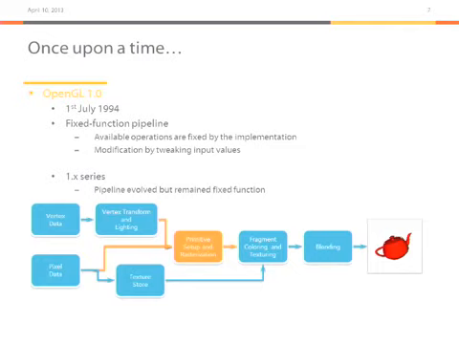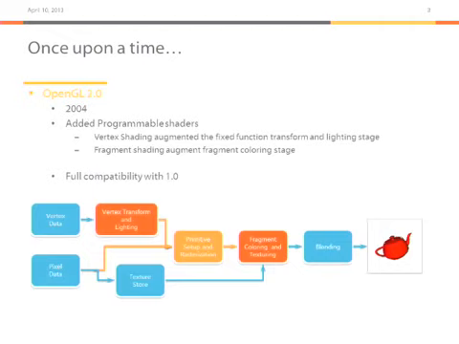From this point until 2004, that was OpenGL, and this is the old OpenGL. In 2004, the new standard version came out, OpenGL 2.0. This one added some programmable ability in these two parts. You could modify how the transform of the vertex happens, and also how the lighting operations happen.